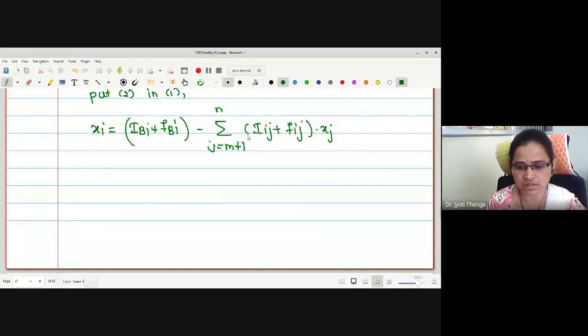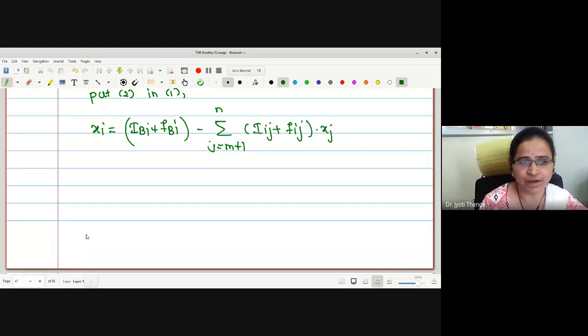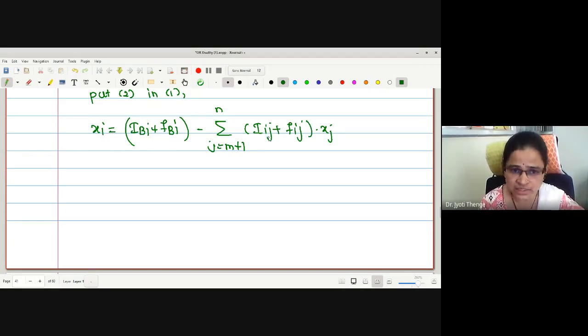Therefore, xi becomes this. Now what will we do? We will separate the integer part on one side and the fractional part on the other side. If we want xi to be an integer value, let us separate the fractional and integer parts.